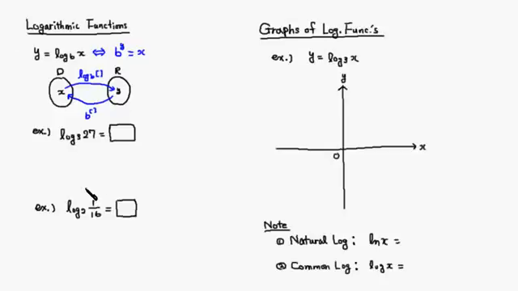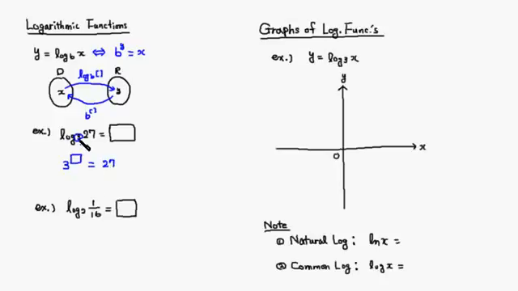So let's look at an example, to see if we can apply this definition. Log is a little too difficult. Why don't we think in terms of the exponential function? The base is 3 right here, so it's going to be 3 to the open box. The log goes from 27 to an open box, so the exponential function goes from the open box: 3 to the open box is equal to 27.